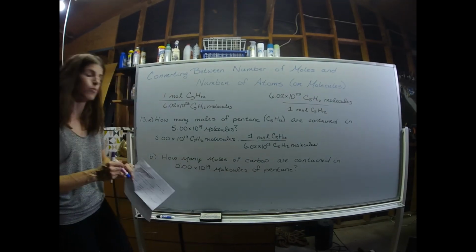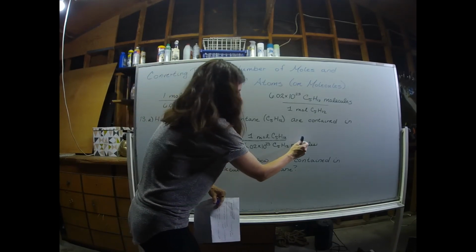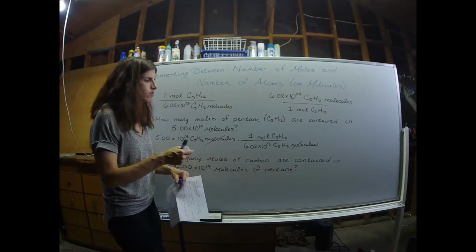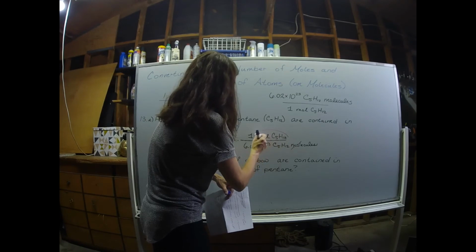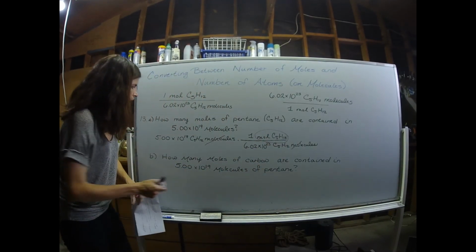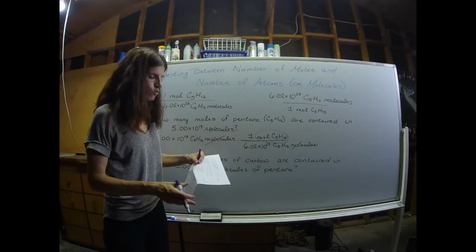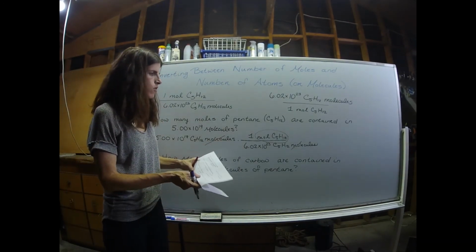And just like in previous problems, we see things canceling. Molecules of pentane will cancel molecules of pentane, and we're left with moles of pentane. So I'm going to go ahead and divide 5 times 10 to the 19th by 6.02 times 10 to the 23rd.